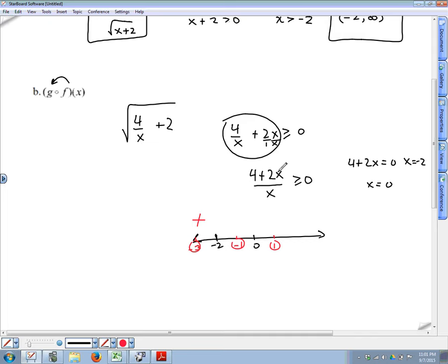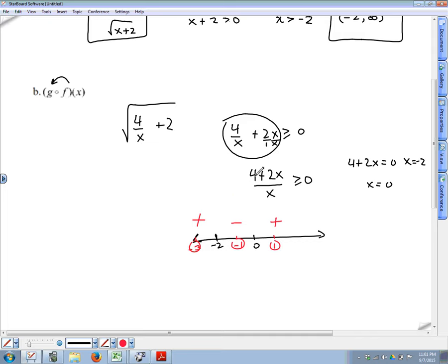Now plugging in a -1 for both x's. 2 times -1 is -2. -2 plus 4 is +2. But then in the denominator you'd have -1. A +2 divided by -1 is -2, but more importantly it's negative. And then the test value of +1, 2 times 1 is 2, 2 plus 4 is 6. 6 divided by 1 is 6, but most importantly it's +6.